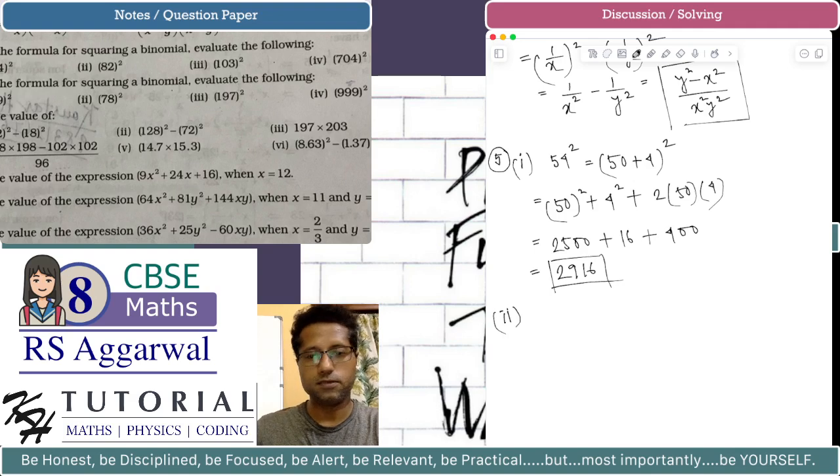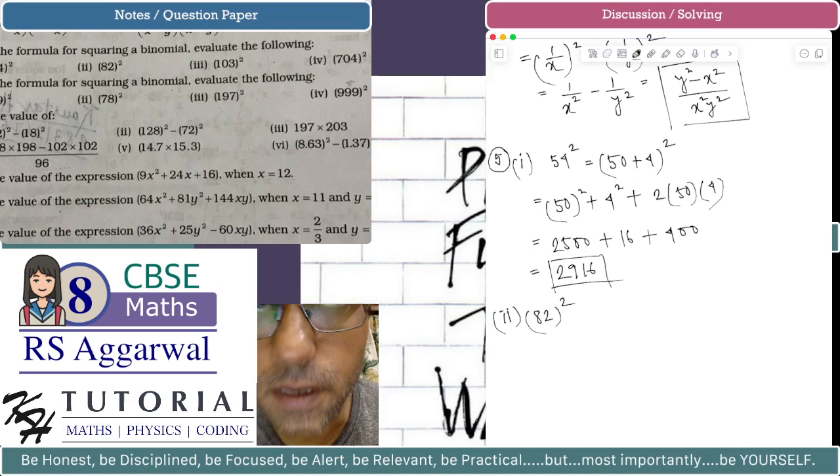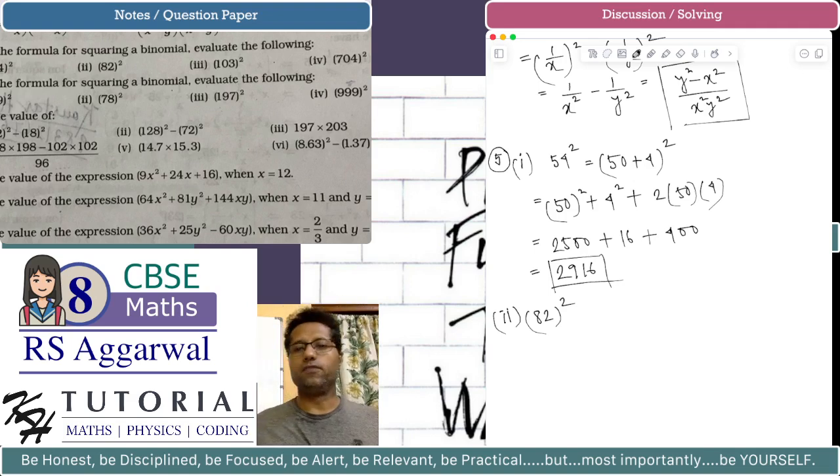Okay, let's do part 2, that is 82 square. Now 54 square you could have also written as 60 minus 6 whole square.